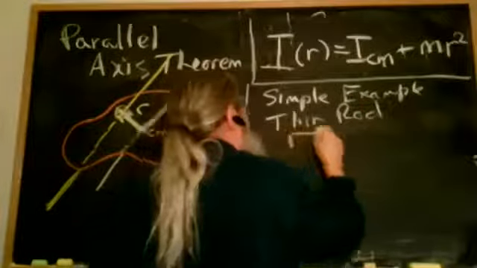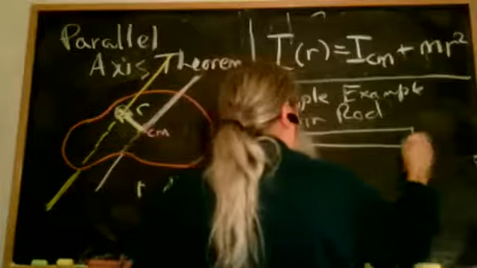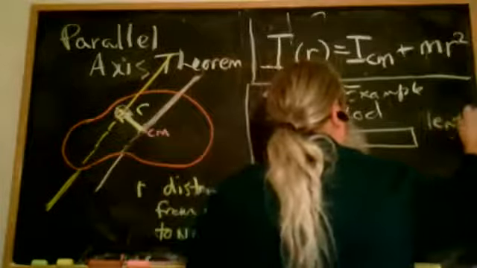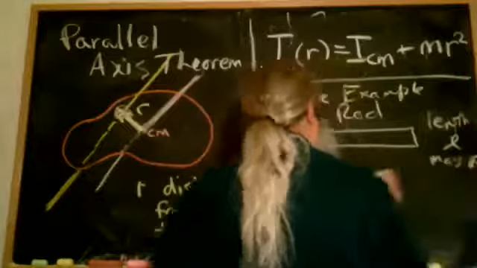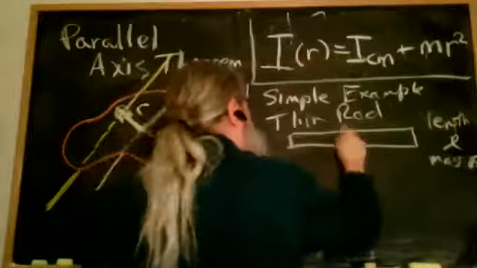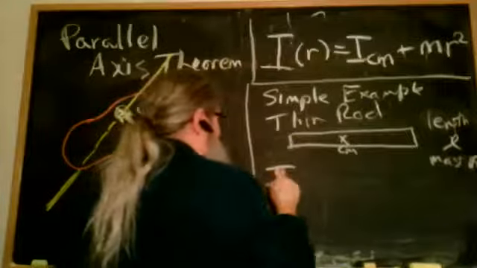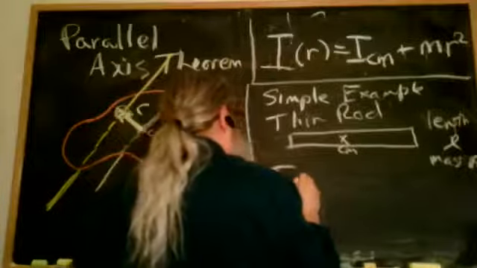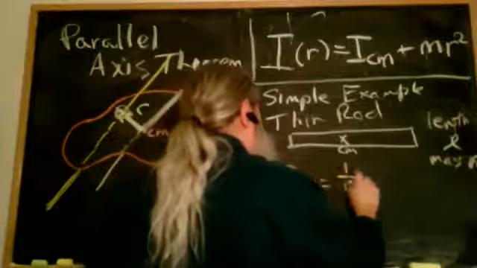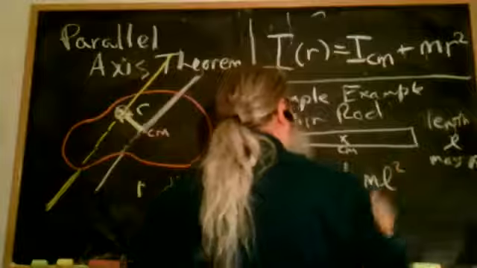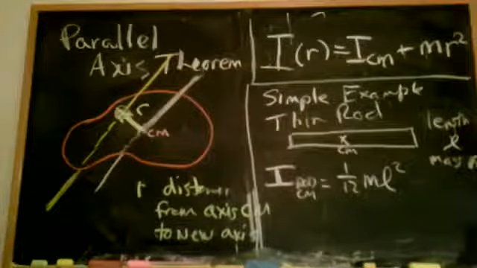If I have a thin rod like this, its length is L and the mass is M. From the center of mass point, and again, this comes from the calculus, the I of the rod at the center of mass is equal to 1/12 ML squared. So we start with that. Say we've got this in our pocket. And again, I've already given it to you.